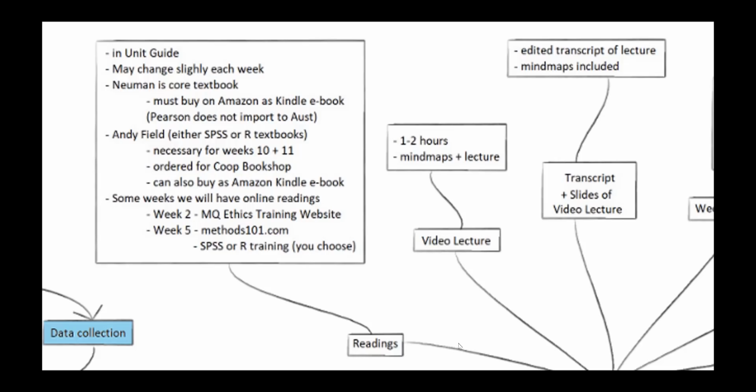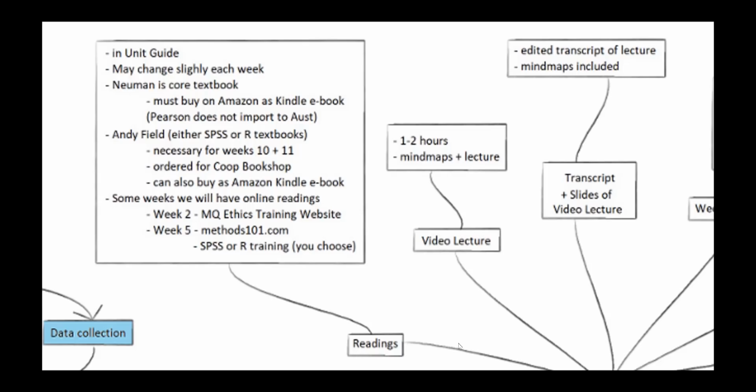But anyway, that's that. Some weeks there are actually going to be online readings or websites. So next week, for example, there's a textbook chapter on ethics, but what I'm going to get you to do and really require of you is to go and do the ethics training on the ethics training website of Macquarie University.